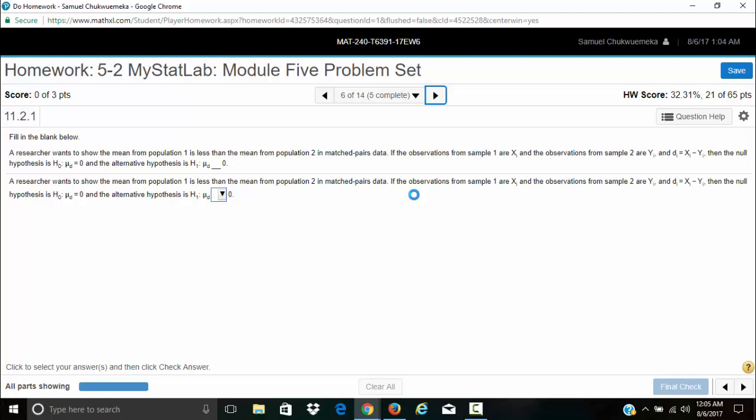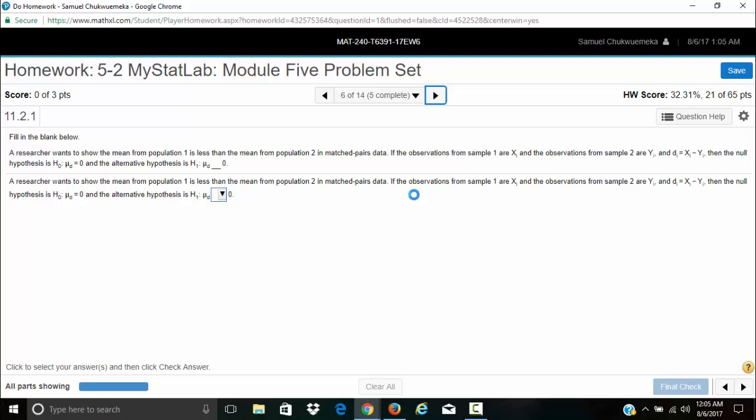Alternative hypothesis is what you want to test. You want to test that the mean from population 1 is less than the mean from population 2. So the null hypothesis is that the population means are the same, not the sample means. Remember, the hypothesis is about a parameter, the population.